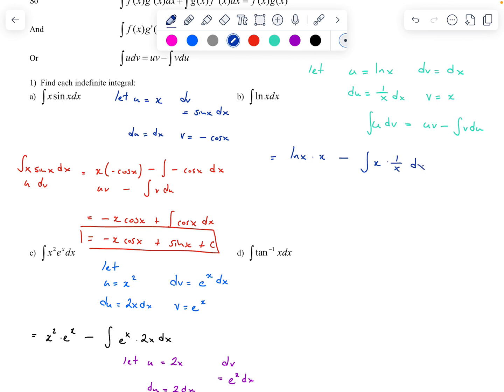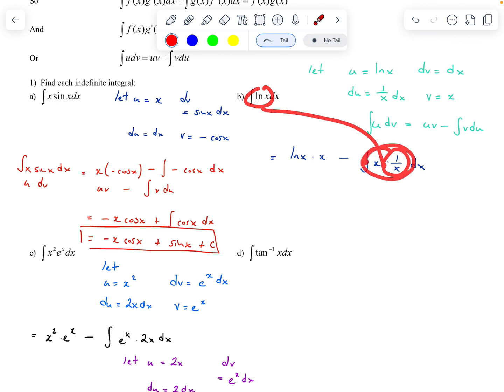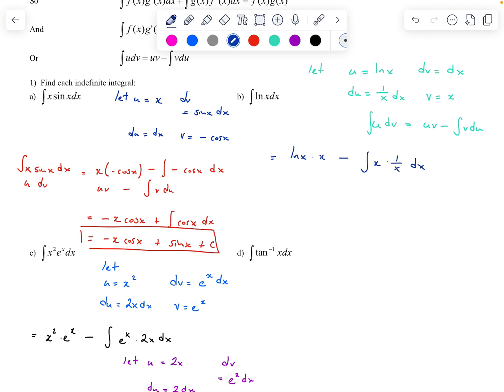And maybe you can see now why this is a common technique for integrating logarithms, because when you have this ln, its derivative will combine nicely with other x's and give you something easy to integrate. So this is x ln x minus, well, that's just the integral of 1.